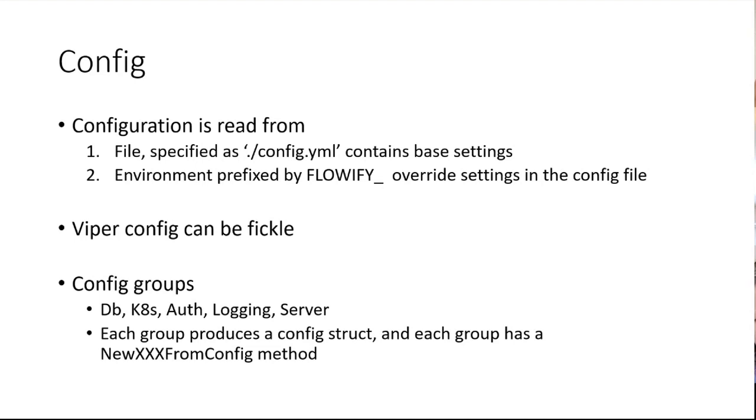Typically, I think the suggestion is to always use environment variables, but I feel that it's nice to have some kind of skeleton checked in that doesn't have any dangerous or sensitive information in it, and then you can override some of these configs by environment. That is the path we have chosen. We use the Viper config package.